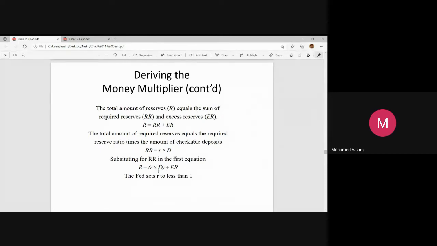We will write down the total reserve equation as R, that is total reserves, equal small r, that is ratio times deposits, plus ER, that is excess reserves. So this is again nothing but total reserves is equal to required reserves plus excess reserves.